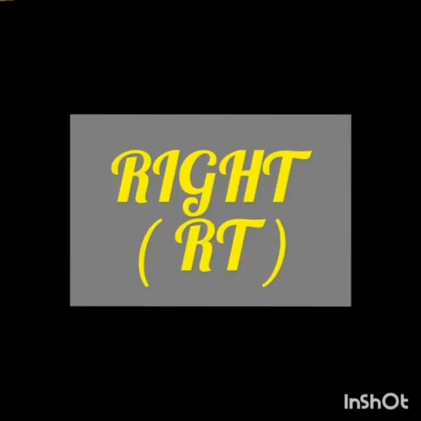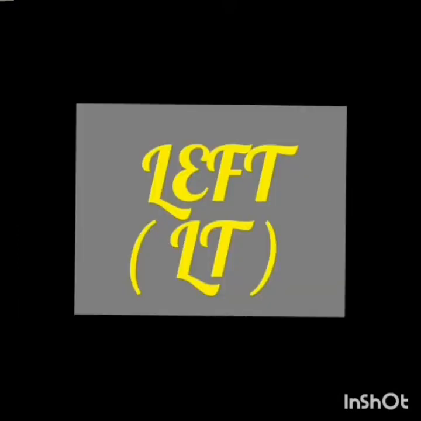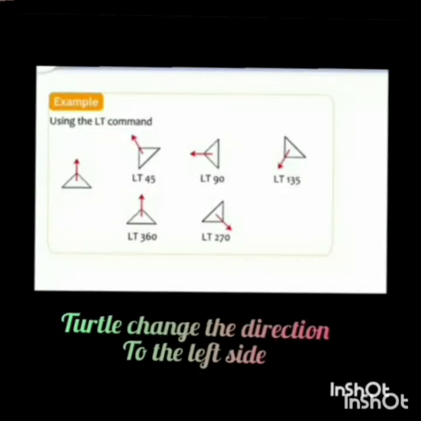Third command, right. Its short form is RT. It is used for changing the direction of the turtle by turning it to the right. Fourth command, left. Its short form is LT. It is used for changing the direction of the turtle by turning it to the left.